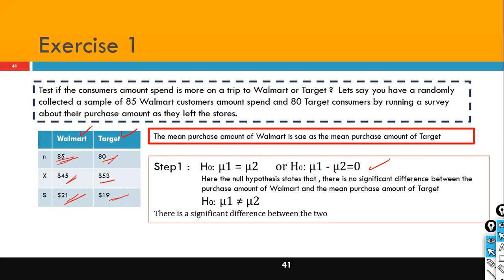H sub 0: we are assuming that both Walmart and Target customers' average amount spent, we don't see any difference. There is no significant difference between the mean purchase amount spent by Walmart and the mean purchase amount spent by Target. There is no significant difference. But in the alternative hypothesis, we are going to say, no, there is a difference between the two.